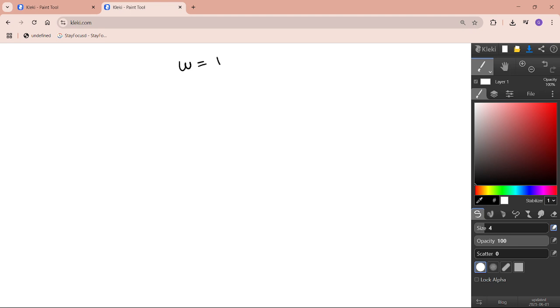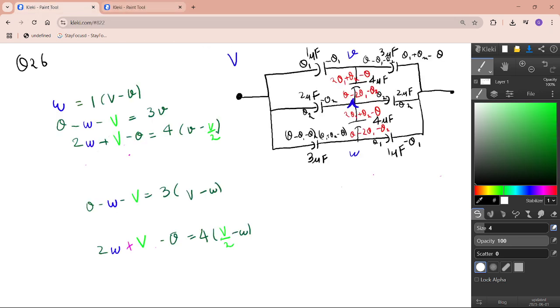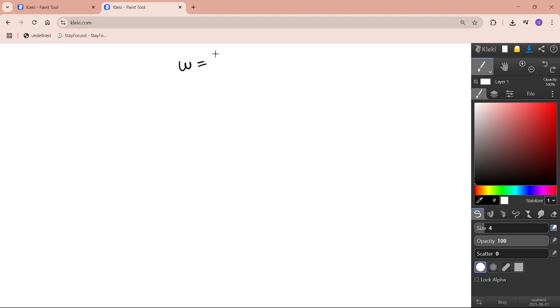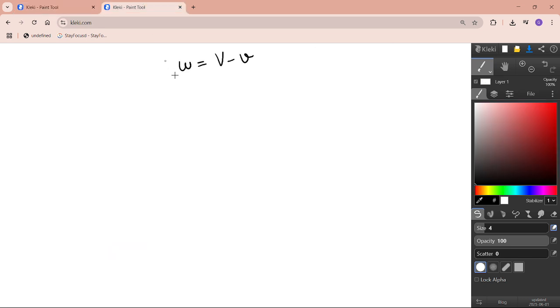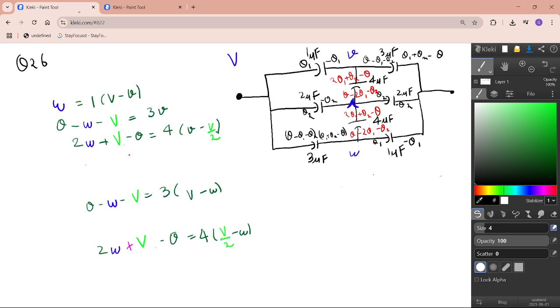Omega is equal to capital V minus cursive V, then Q minus omega minus V, the big one, is equal to 3 cursive V.